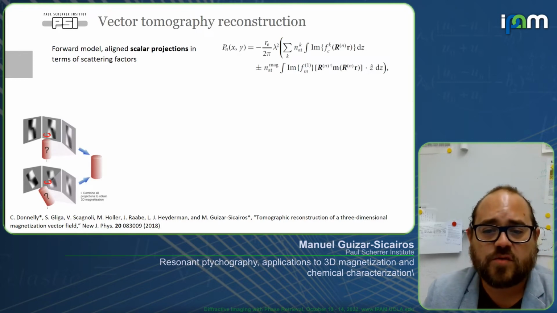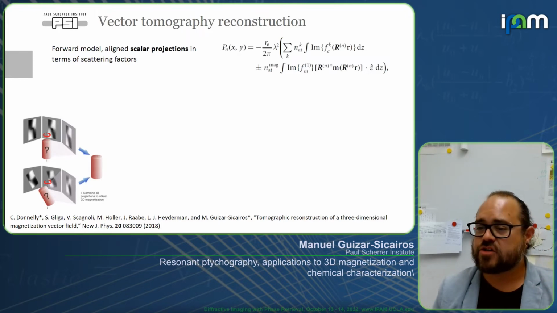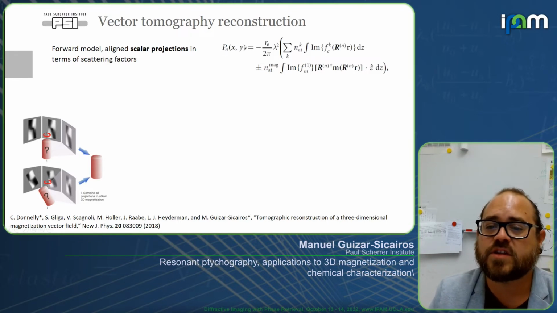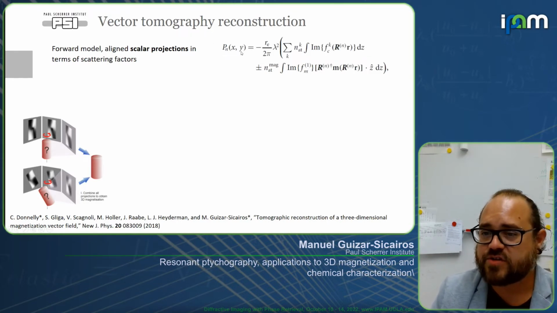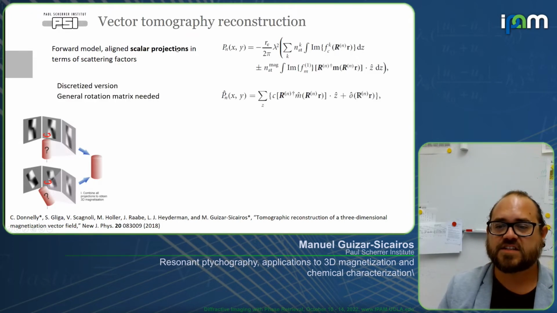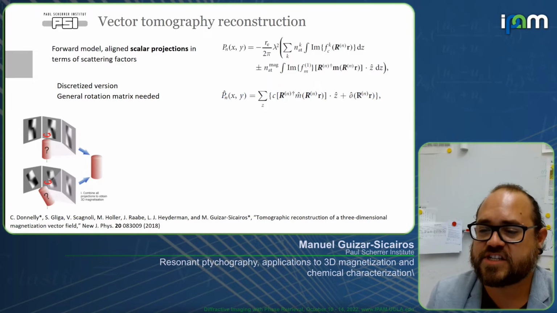The way that we solved this problem was, first, as I mentioned, you set up an accurate enough forward model. This is how the scalar projections that you measure in the end depend on the non-magnetic component, and here is the magnetic component of the scattering factor. Now, we can simplify this quite a lot by doing discretization.